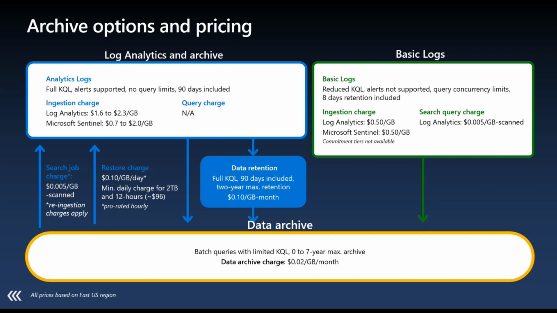So this might be something where, let's say, data has been archived for a year, and the limited KQL operators that you have aren't going to be sufficient to do the search that whatever task you're doing is going to require.